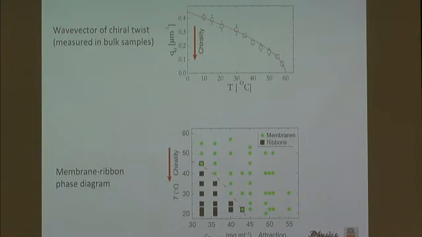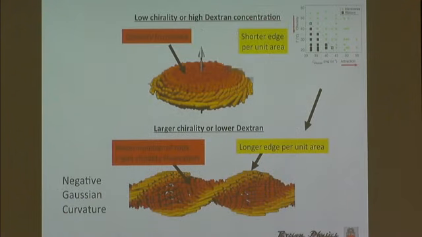So now let me give you a sense in some simple way, before going into any complicated theory, of what the physical idea is in assessing membranes versus ribbons. Off in the right corner here, I've just copied that phase diagram you saw a second ago for reference. Basically, what you're playing off is chirality versus the edge length per unit area of the structure.